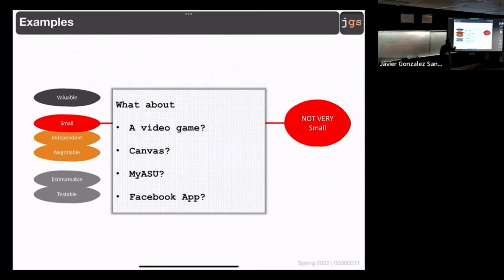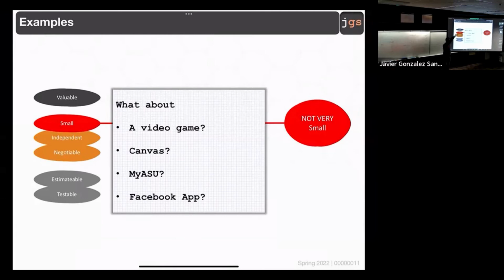After that, negotiable. Remember, ambiguity. The first thing that you need to ask yourself is if everyone is going to understand with this line the same thing that you are understanding. If the answer for negotiable and ambiguity allows you to move forward, the next thing that you need to review is independence.